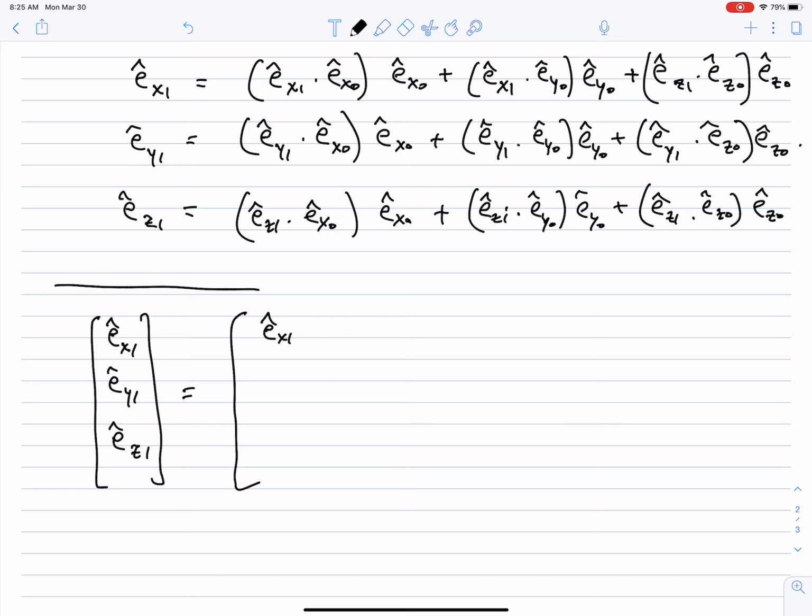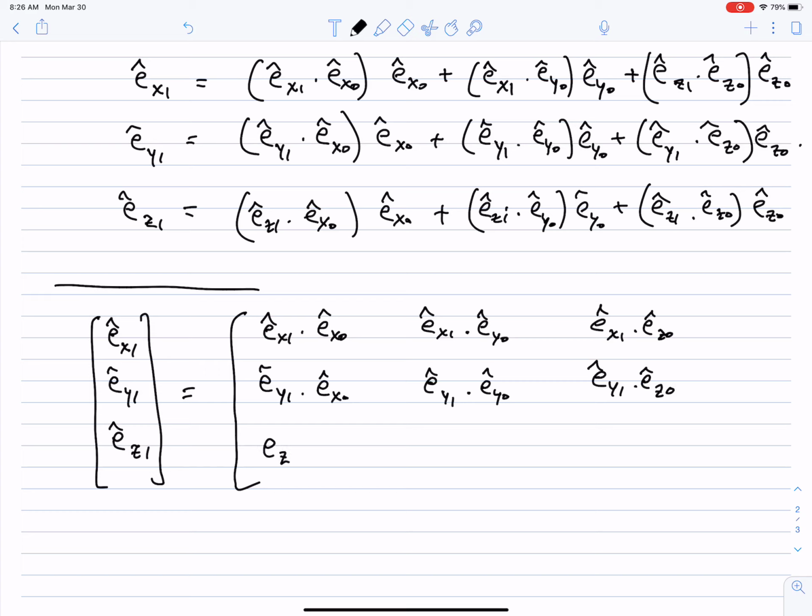It's EX1 dot EX naught, EX1 dot EY naught, EX1 dot EZ naught, and then EY1 dot EX naught, EY1 dot EY naught, EY1 dot EZ naught, EZ1 dot EX naught, EZ1 dot EY naught, EZ1 dot EZ naught.